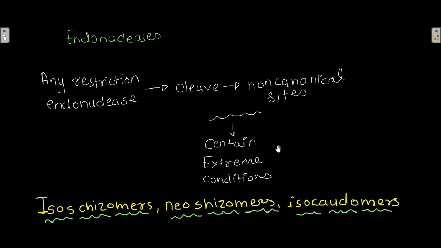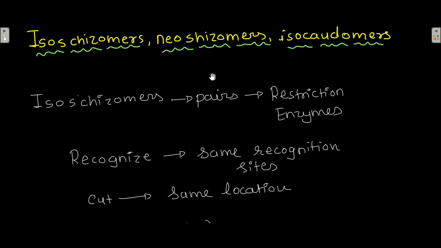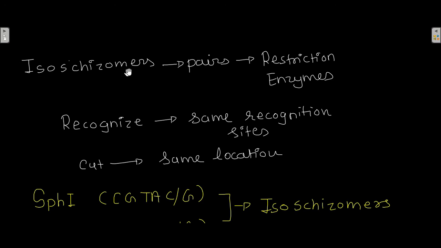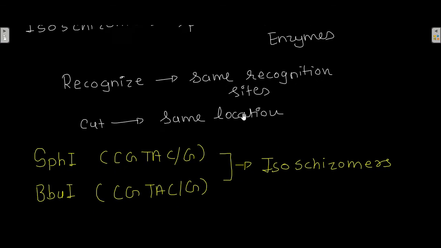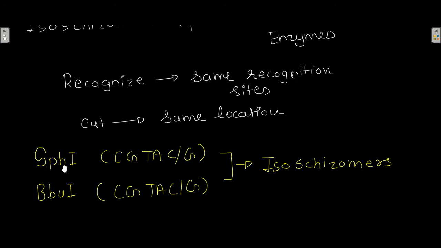Now let's talk about isoschizomers, neoschizomers and isocaudomers. Isoschizomers are pairs of restriction enzymes that recognize the same recognition sites and cut at the same location. For example, SphI and BbuI are restriction enzymes which recognize the same sequence and cut at the same location.